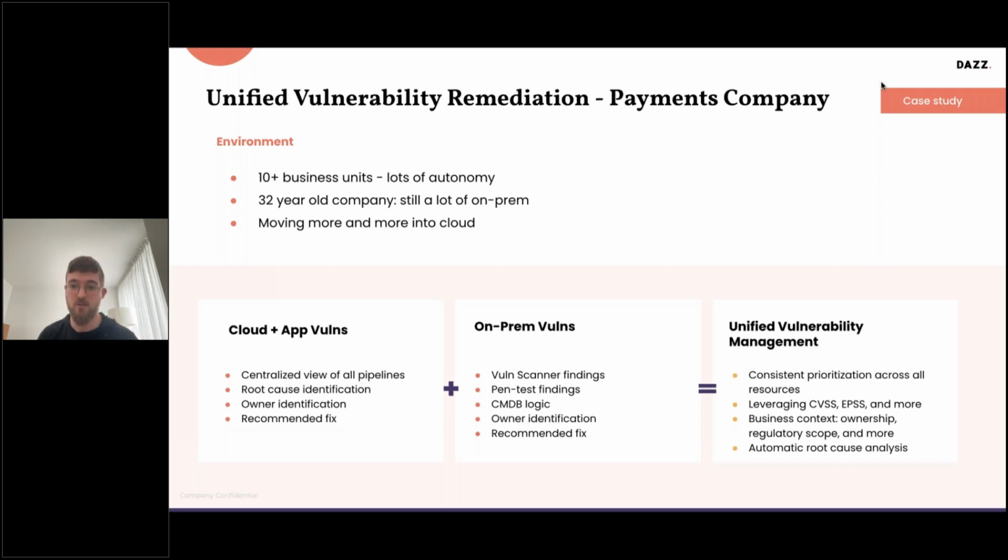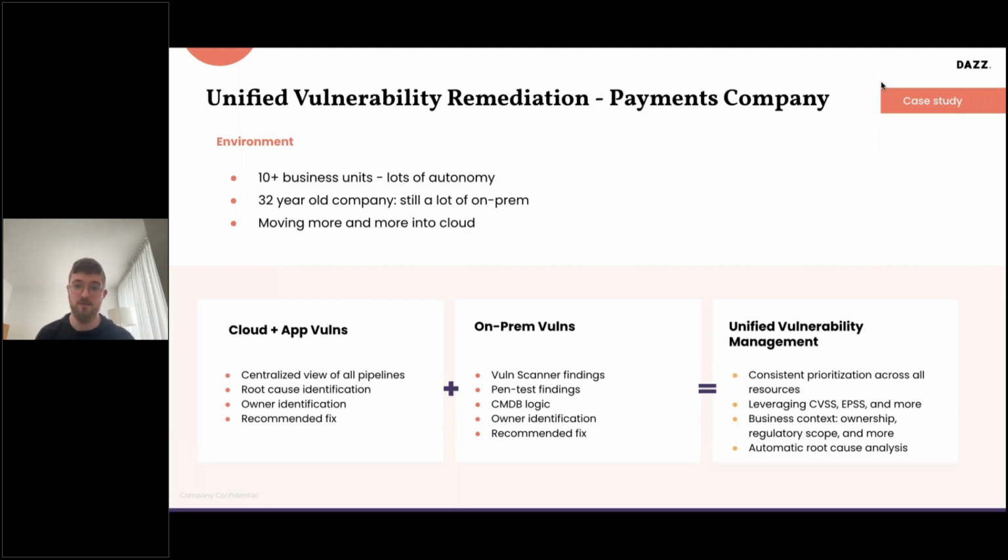They have to create that level of autonomy for those business units. They have to explain to them exactly why they need to fix those vulnerabilities that they prioritize. And they have a combination of a very challenging environment: application vulnerabilities, cloud vulnerabilities, on-prem vulnerabilities, being able to actually compare those apples and oranges and train the business to understand why we're prioritizing this.